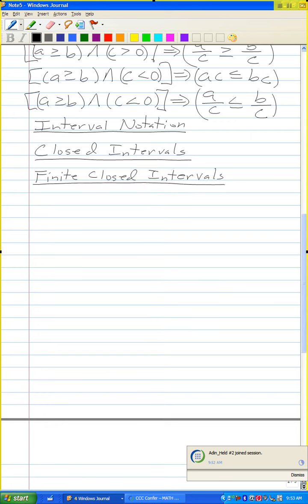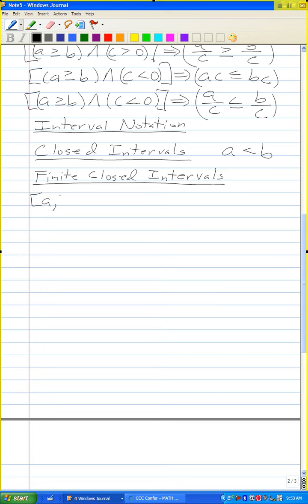So let's say the closed interval from, and again, let me assume here that A is less than B. So the closed interval from A to B is just the set of all x's between A and B, including both A and B.